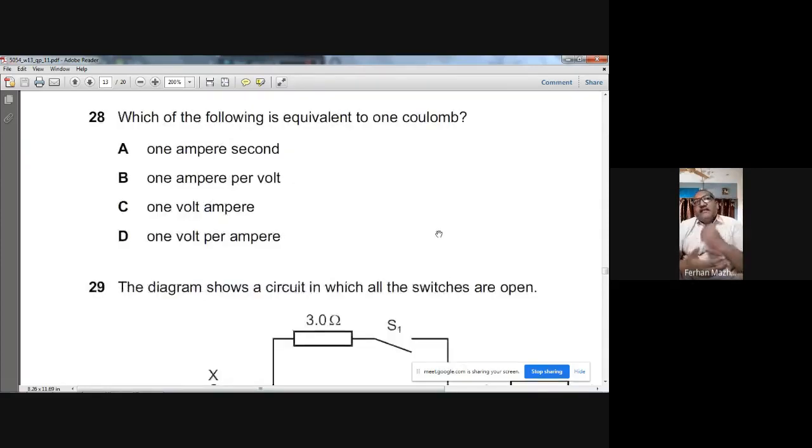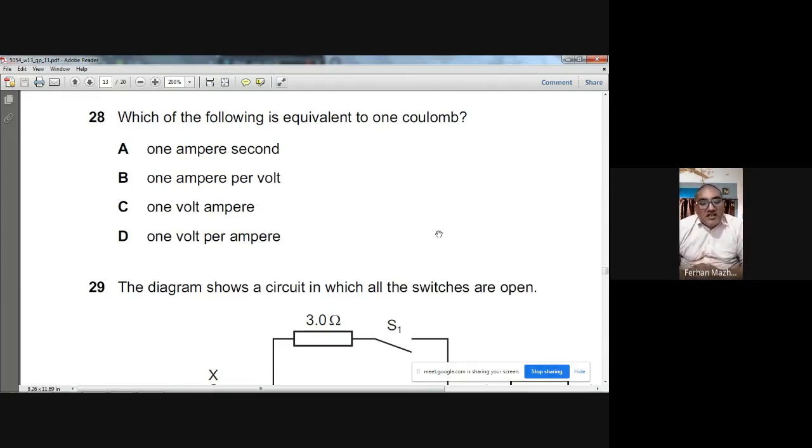Which of the following is equivalent to one coulomb? Actually, coulomb is the unit of charge. It says 1 ampere second.